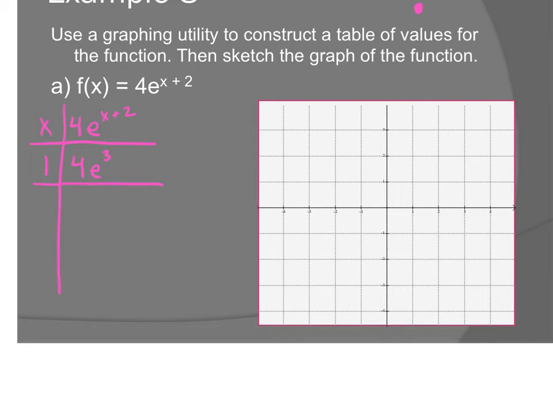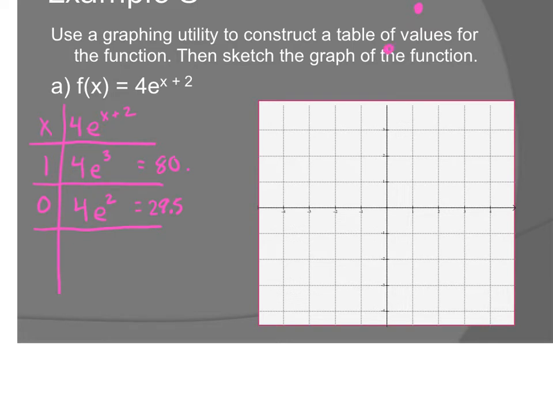What else can we plug in? 0. So we have 4 times e raised to the power of 2. E squared is 7.3 times 4 is 29.5. So this again is super high up here.